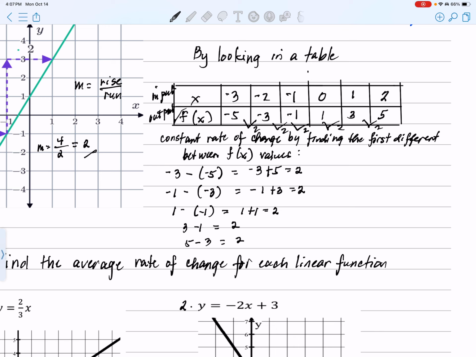So what can you say about the rate of change? It's always 2, constant. So you could say that the first differences are constant.